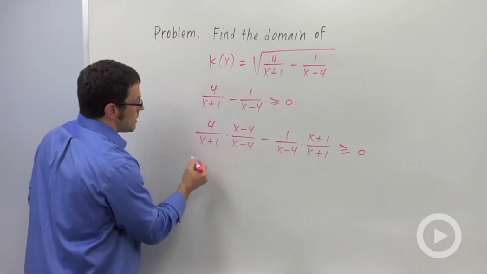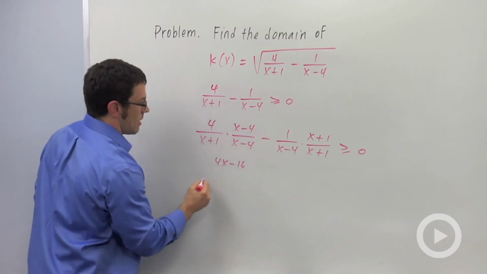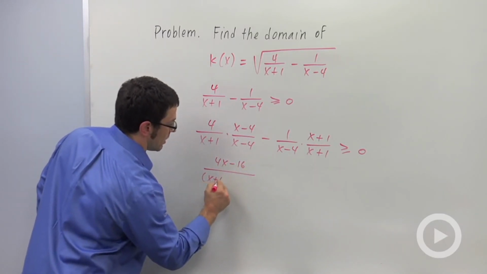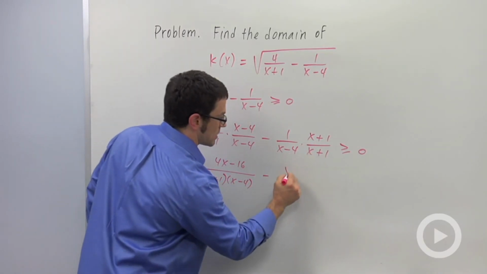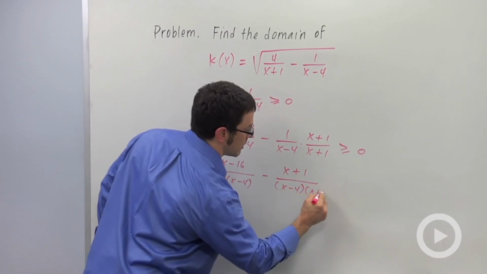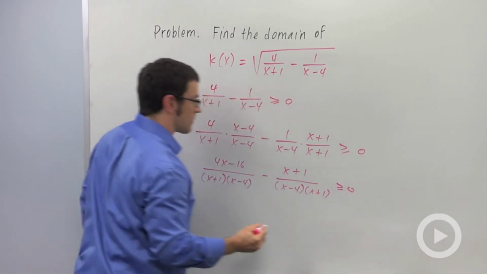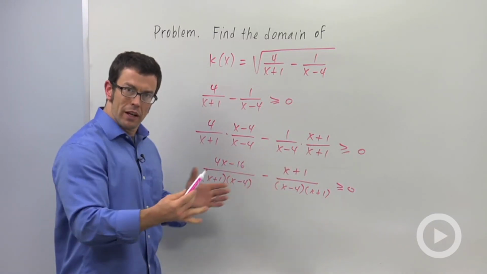Okay, so I have 4x minus 16 over x plus 1, x minus 4, minus x plus 1 over x minus 4, x plus 1. I need to distribute this negative sign over both these terms when I combine.